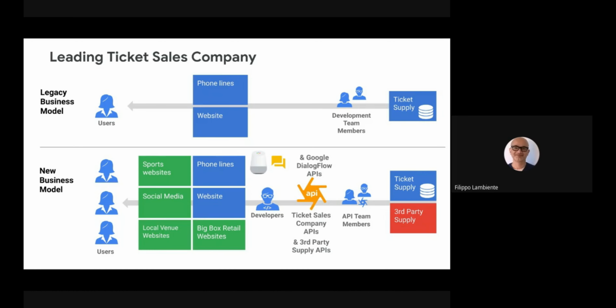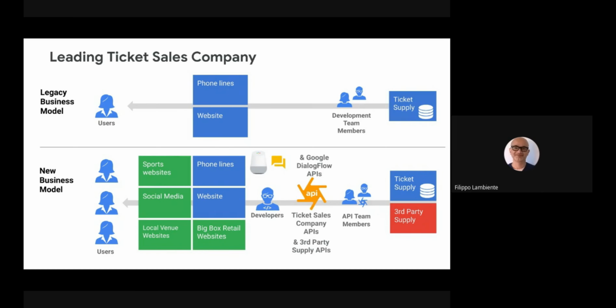They were able to apply and pursue a multi-channel strategy that was not possible to do without an API strategy.